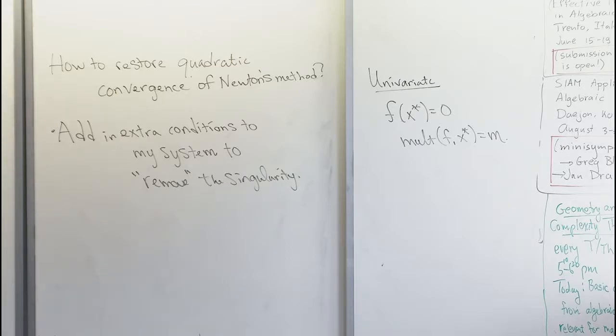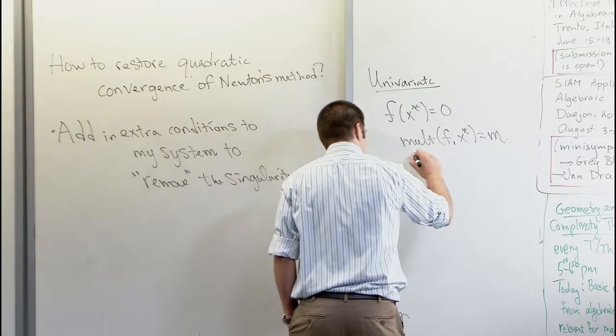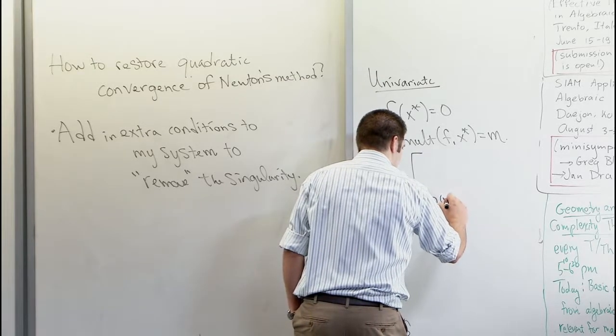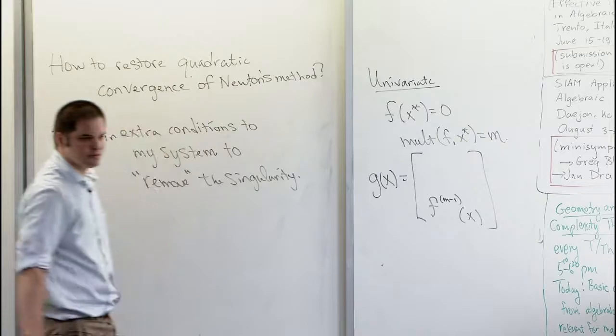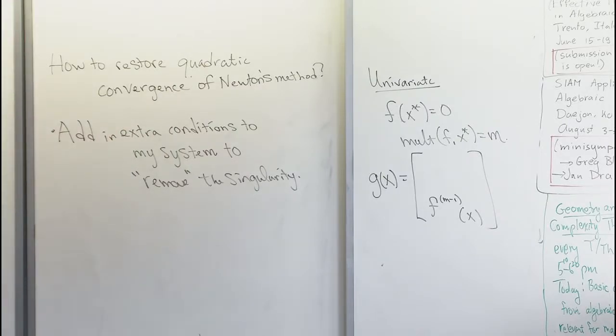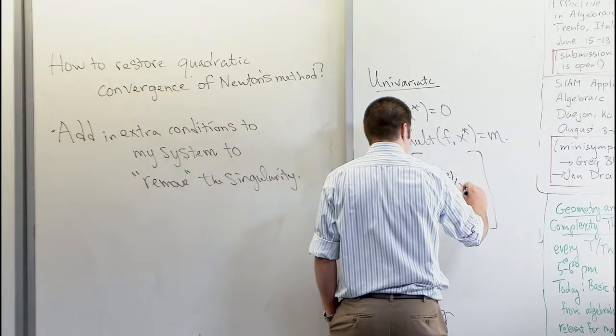Can I construct a new system such that x star has multiplicity 1? Hopefully you've seen this before. But I'm going to add a twist to it. Of course, you know that the m minus first derivative satisfies it and it's not singular. But I'm going to add a twist to it and just keep all of the other derivatives.